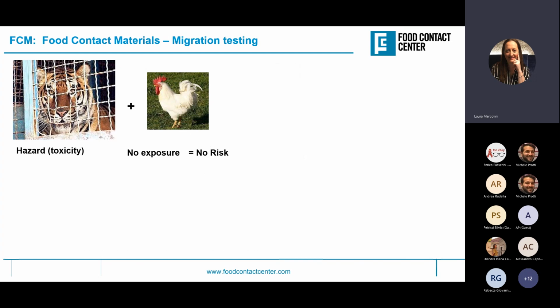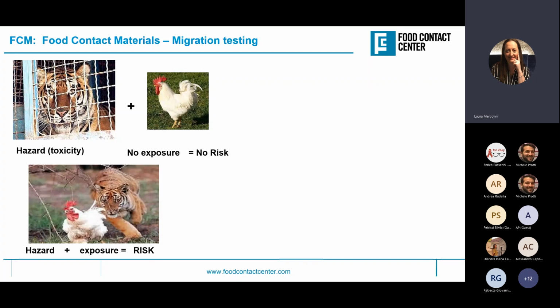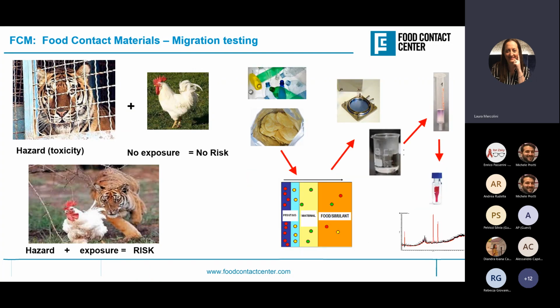The classical example is that we could have a very high hazard like this tiger, but if we don't have any kind of exposure, there is no risk. If the tiger is free, there is also exposure, so we have to evaluate the risk. That's why we must perform migration testing.